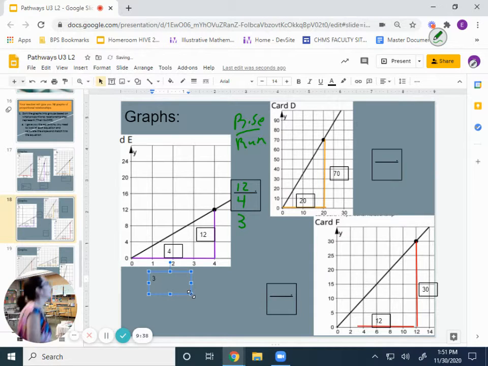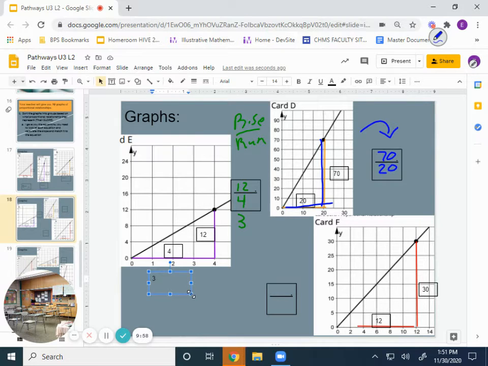Wonderful. Let's take a look at graph letter D now. I know yours looks a little bit different. I sort of had to make them a little bit more funky. If I come into this box right here and I write my rise over my run, it has a rise of 70, a run of 20.